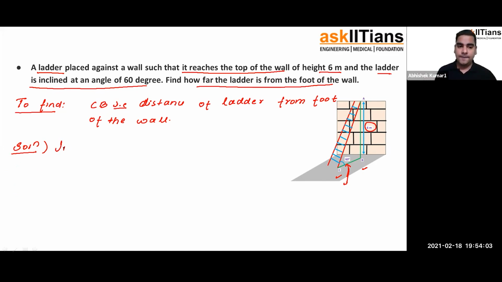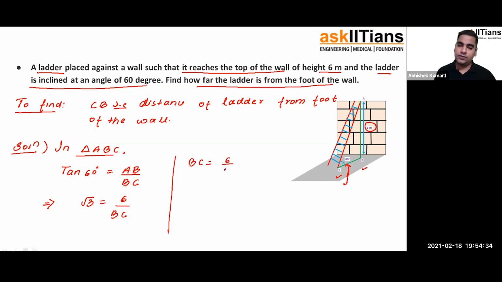So in triangle ABC, if I calculate tan of 60 degree, what will I get? Tan of 60 degree is going to be perpendicular, which is AB, by BC because that is acting as the base. Tan 60 we all know is root 3, so you will have root 3 equals AB, which is 6 meter, upon BC. So if we simplify it more, you will get BC equal to 6 over root 3 meter.